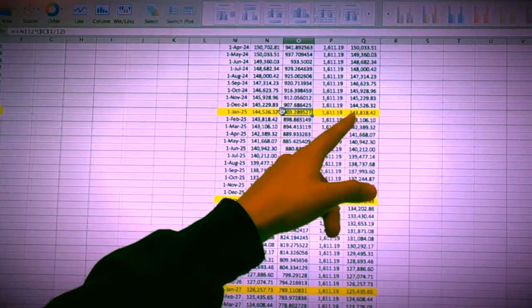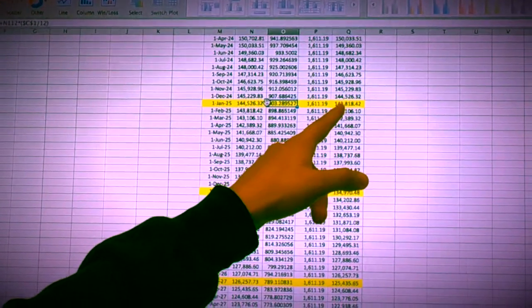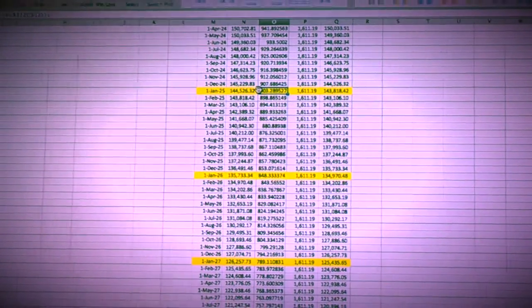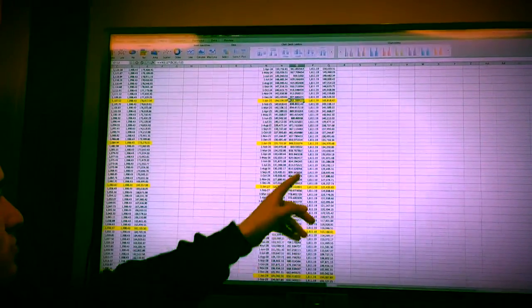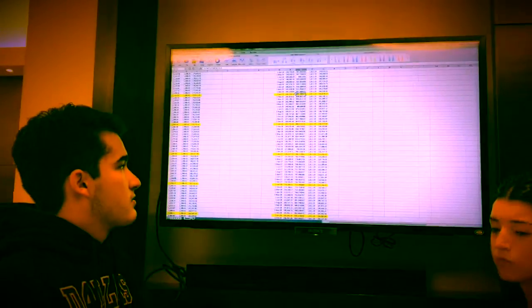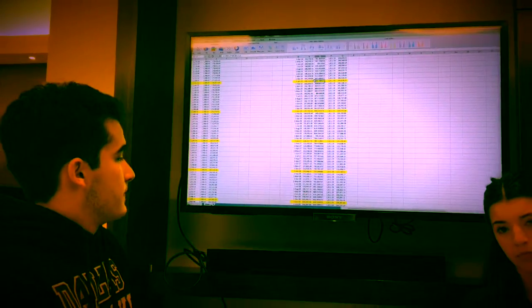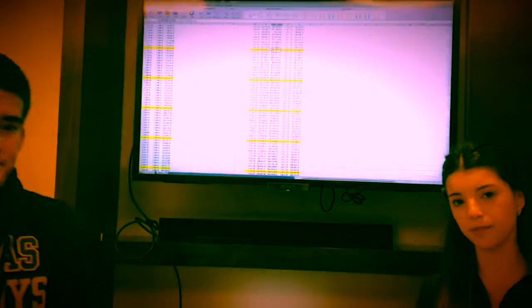And this is the final pay, the amount you have to pay for the next month. And so it goes. So it's better to pay more monthly, so you pay less in the end, basically. You pay less interest.